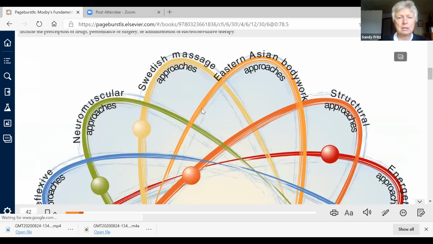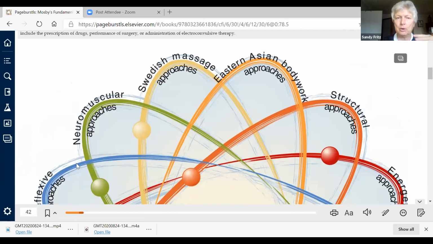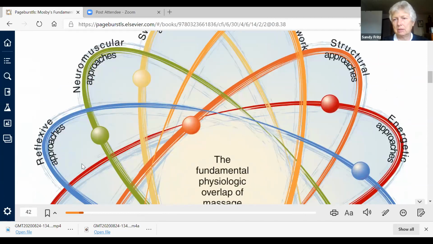Right here. So one of the things that's confusing with massage therapy is that we think that all of these different forms and styles of body work and or manual therapy are different. Well, and they are.